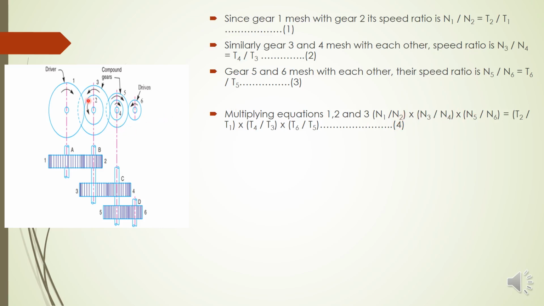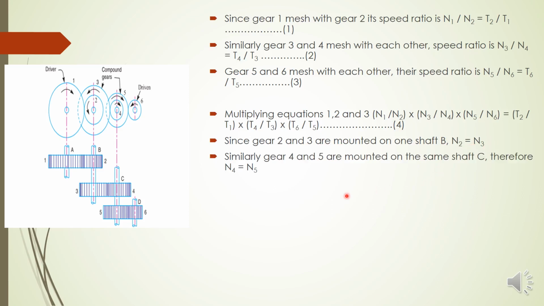Now we can simplify this. Since the second and third gears are on the same shaft, they will have the same speed and direction of rotation. That means N2 is equal to N3, since gears 2 and 3 are mounted on shaft B. Similarly, gears 4 and 5 are mounted on shaft C, so N4 is equal to N5.